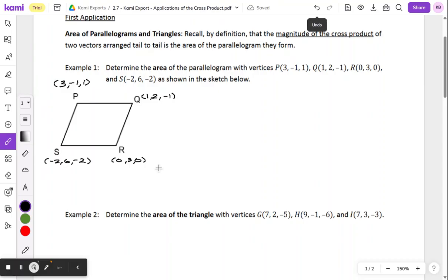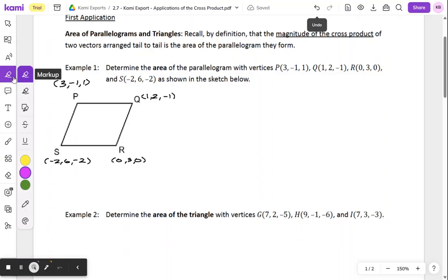So for my purposes, I am going to use the vectors coming out of vertex S. You can pick another pair and check that you get the same answer. It would be a good variation on this.